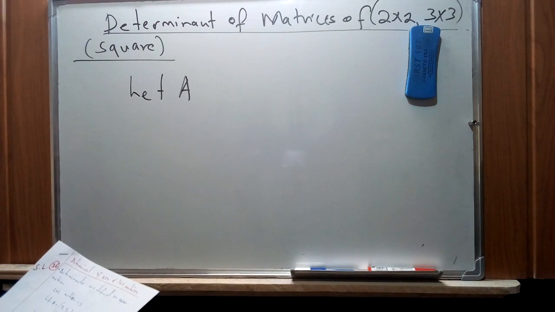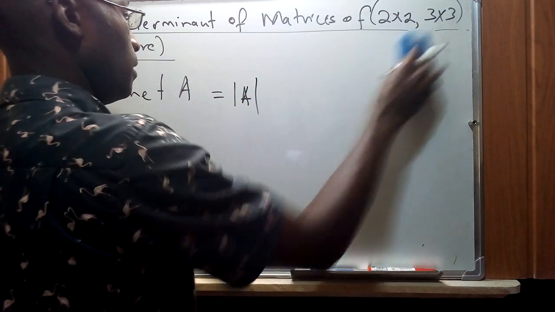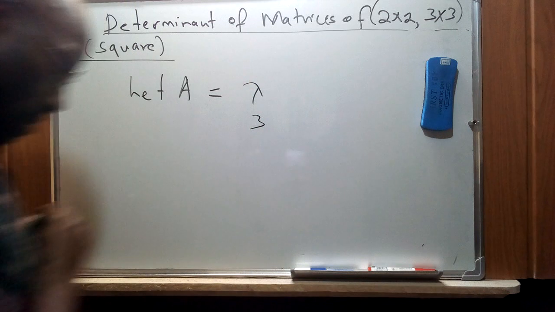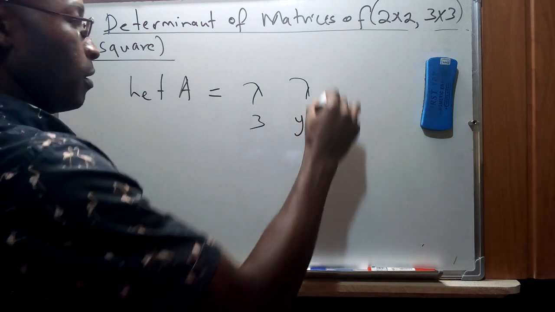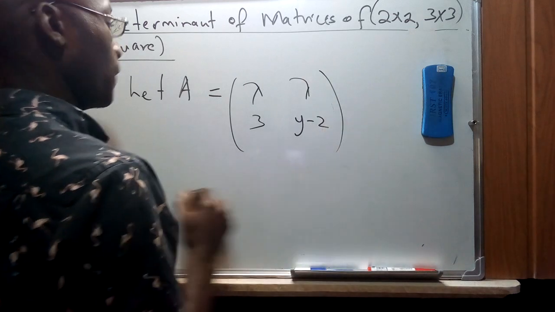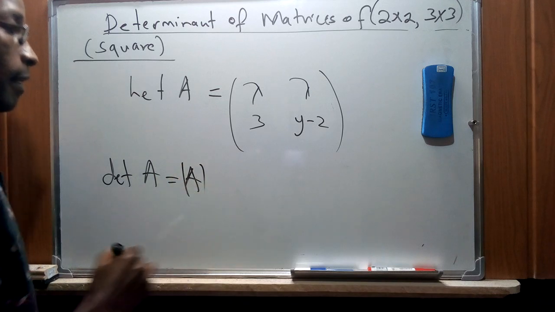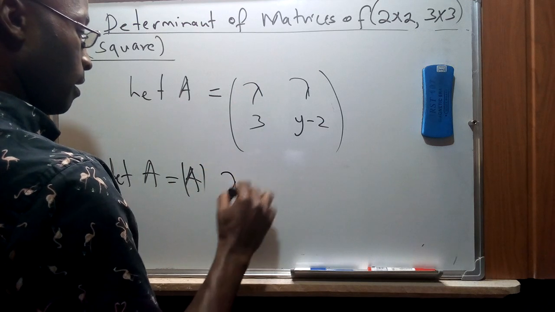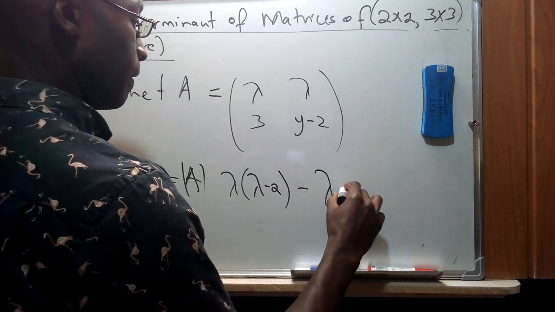Given that A is represented by y 3 and then y minus 2, and we are requested to find its determinant, we multiply the elements on the diagonals, so that's y times y minus 2, minus y times 3.